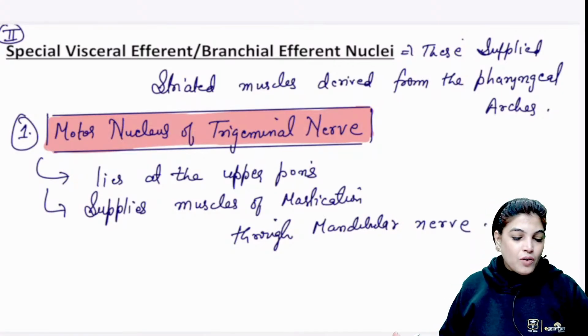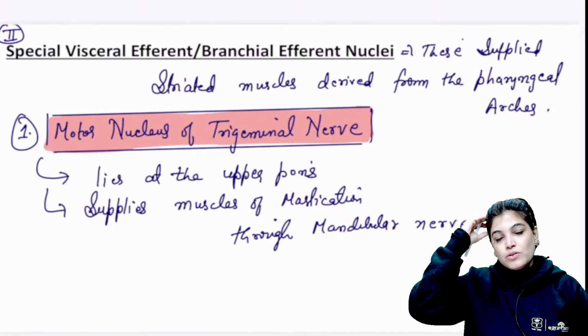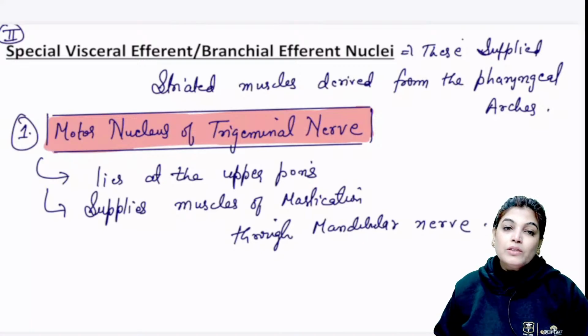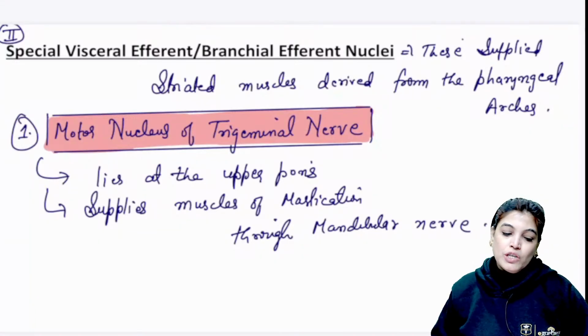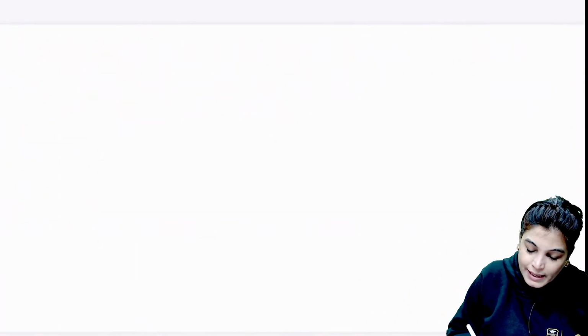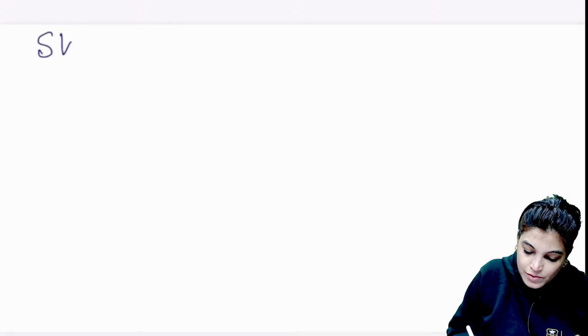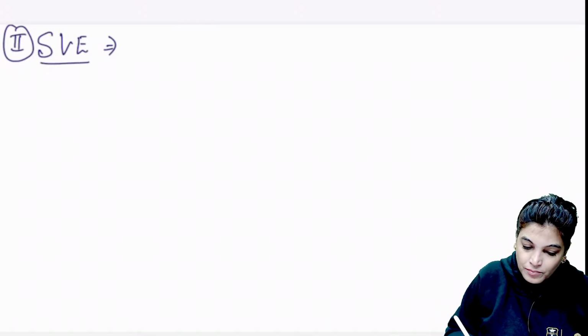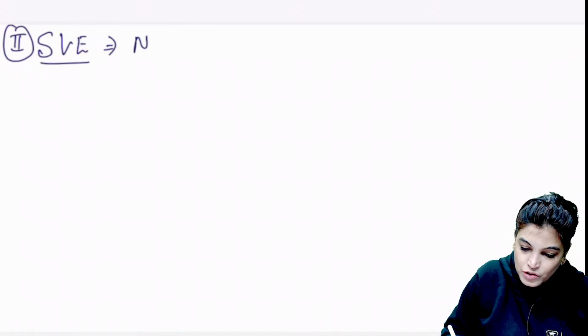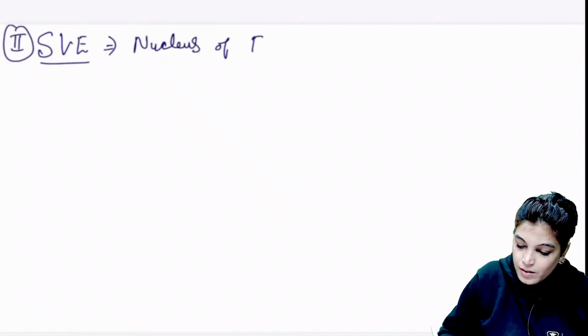Got it? Now for the other parts, we have the motor nucleus of the facial nerve and the nucleus ambiguus. The next nucleus in this category is the nucleus of the facial nerve.